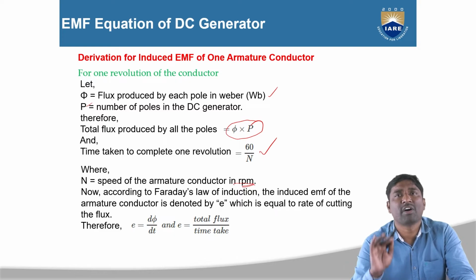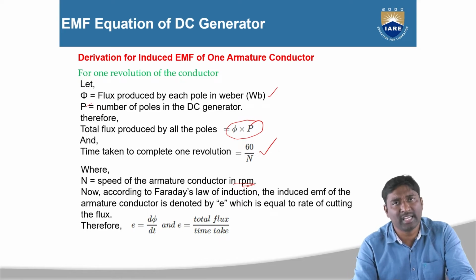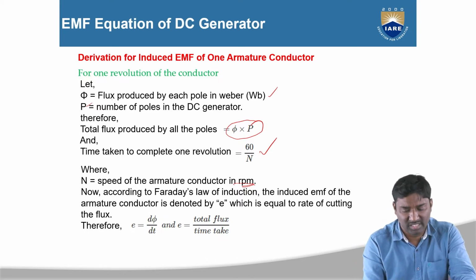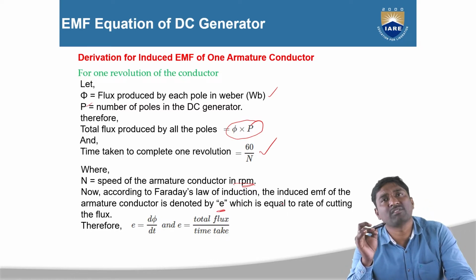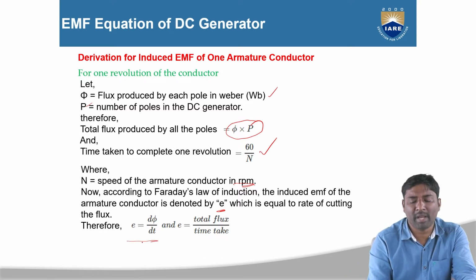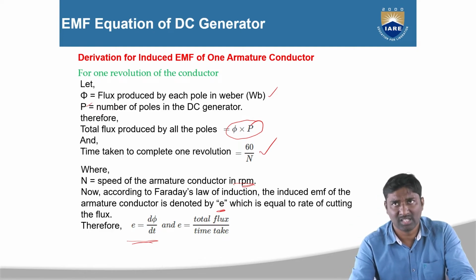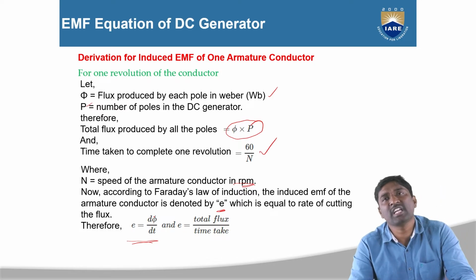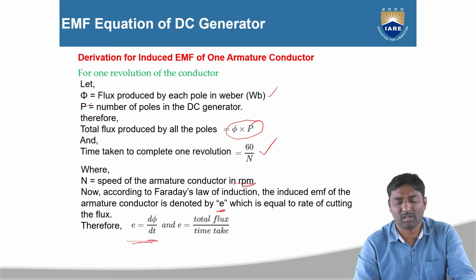According to Faraday's law, the induced EMF of the armature conductor, denoted by E, is equal to the rate of cutting of the flux. Therefore, E is equal to d phi by dt, where d phi is the change in flux, and dt is the time taken for one complete revolution, or the total time.